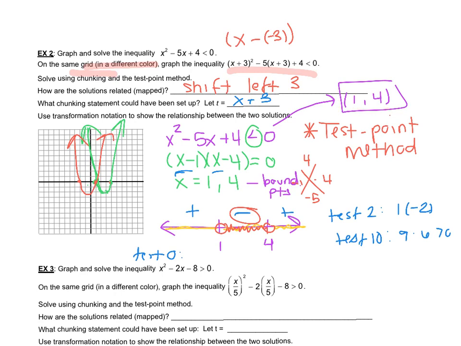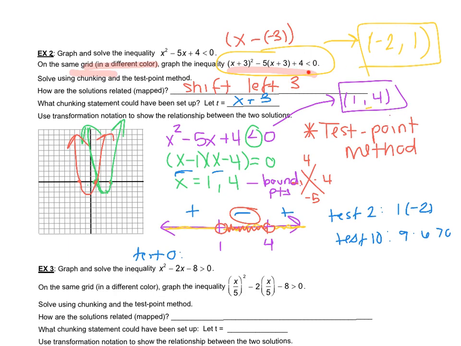So apply the transformation rule to find the solution to this. All I would do is take 1 and subtract 3. So my new solution for the interval would be negative 2, comma, and then take 4 and subtract 3, and I would get 1.